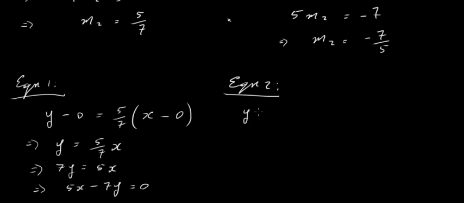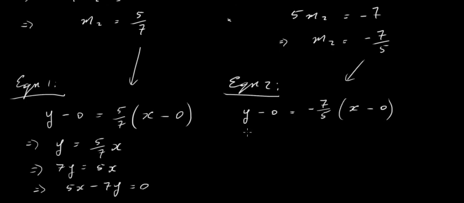We have y minus 0 again, and this time our slope is minus 7 over 5. I'm using this slope here now. So minus 7 over 5 times x minus 0.